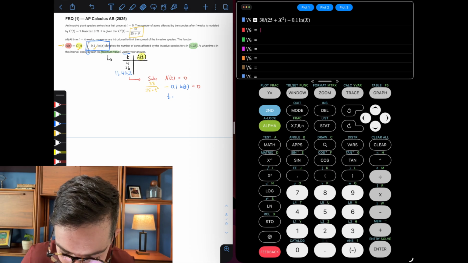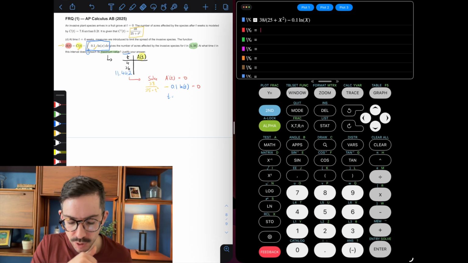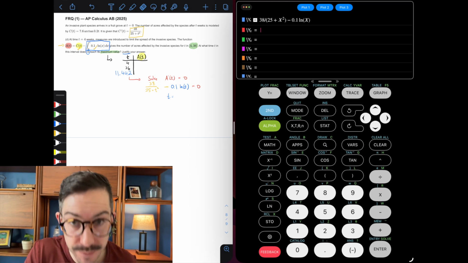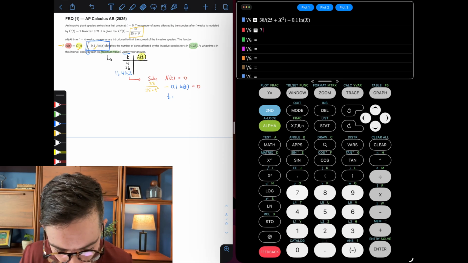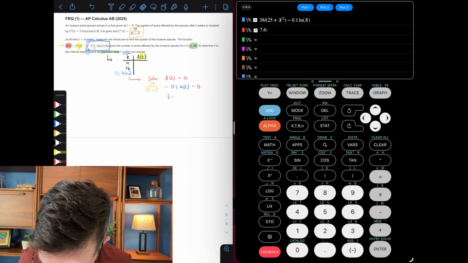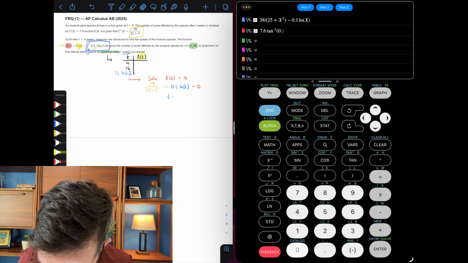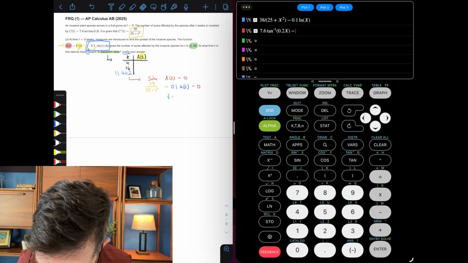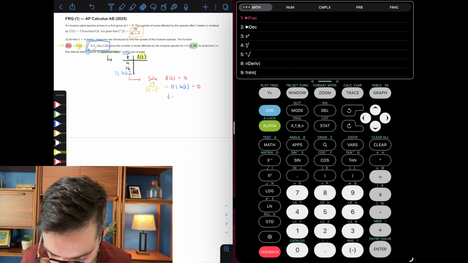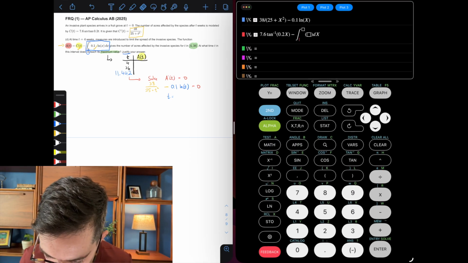I'm going to take the rule for a of t, which remember was c of t minus that integral. So let me type this in as my y2 variable. The rule for c of t is 7.6 arctan of 0.2 times my variable. Subtract this integral, so I'm going to hit math, entry 9.